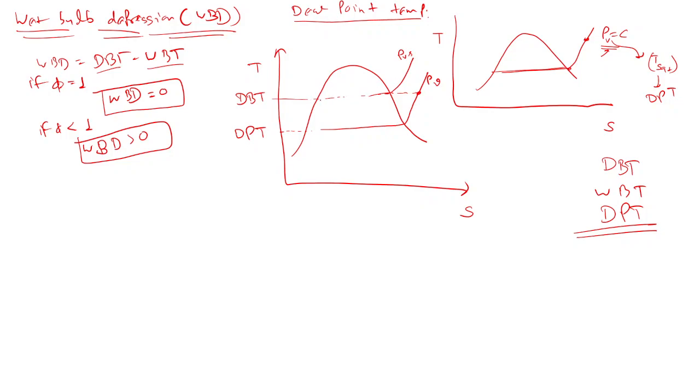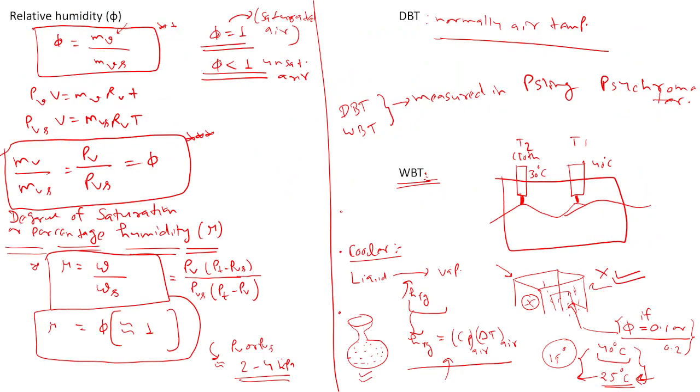At this pressure, at this temperature, whatever the temperature of your dry bulb temperature, at this point the relative humidity phi would be 1 here. But actually it never happens like what I told here.